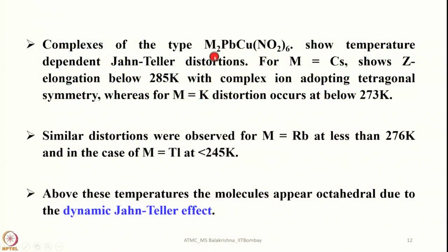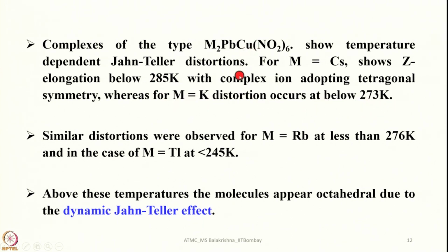Complexes of the type I have shown here, complexes of the type M2PbCu(NO2)6, show temperature dependent Jahn-Teller distortion. For M equals cesium, it shows Z elongation below 285 Kelvin with the complex ion adopting tetragonal symmetry, whereas for M equals K, potassium, distortions occur below 273 Kelvin.